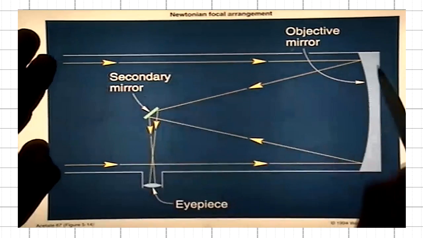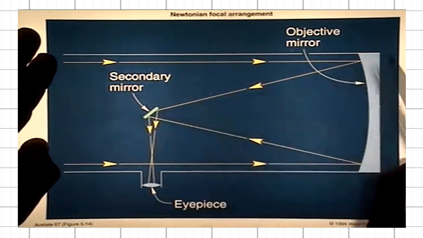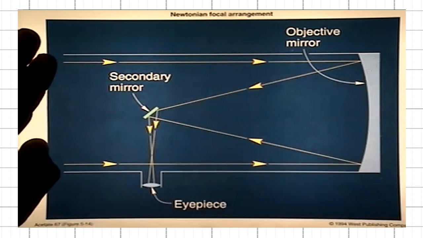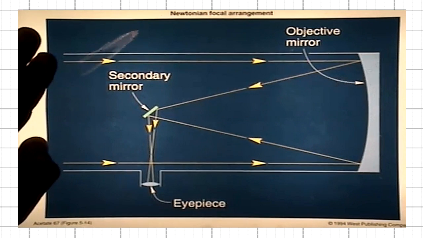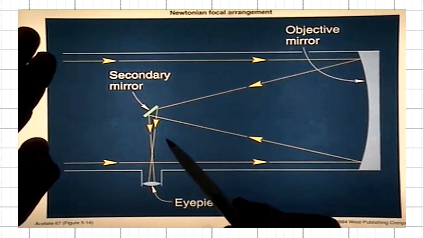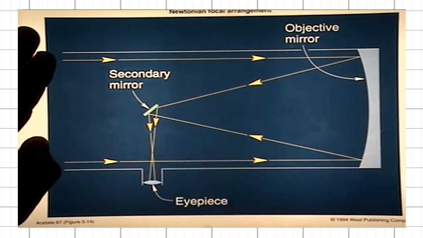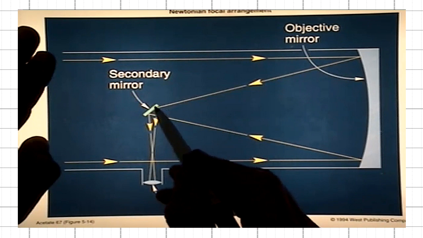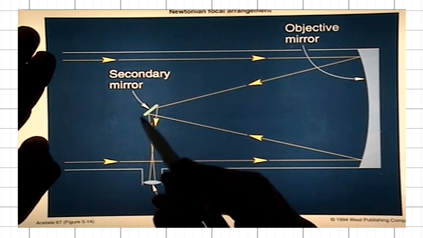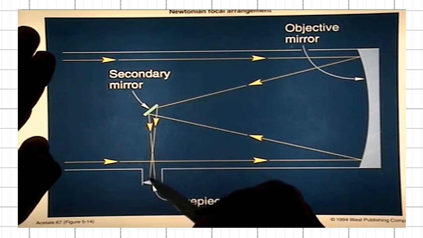So here is the objective mirror that focuses the light towards the focal point, but of course we would like to be able to see the image, right? So we have to redirect that light out of the telescope. For that, one uses this secondary mirror that simply redirects the light out of the telescope.